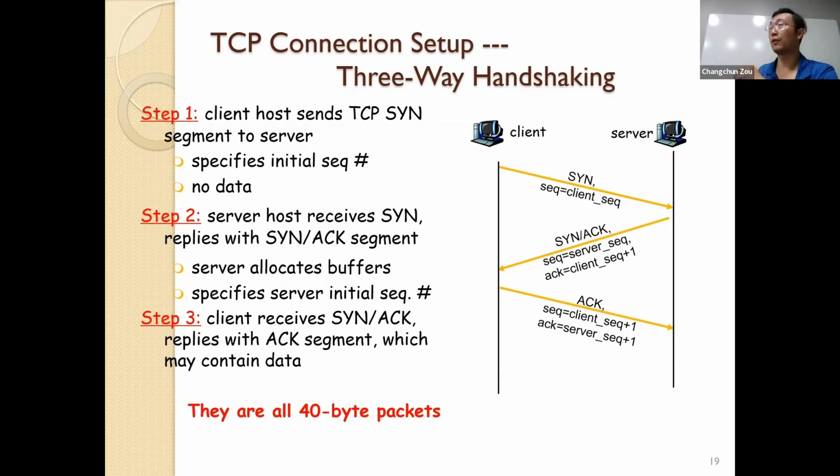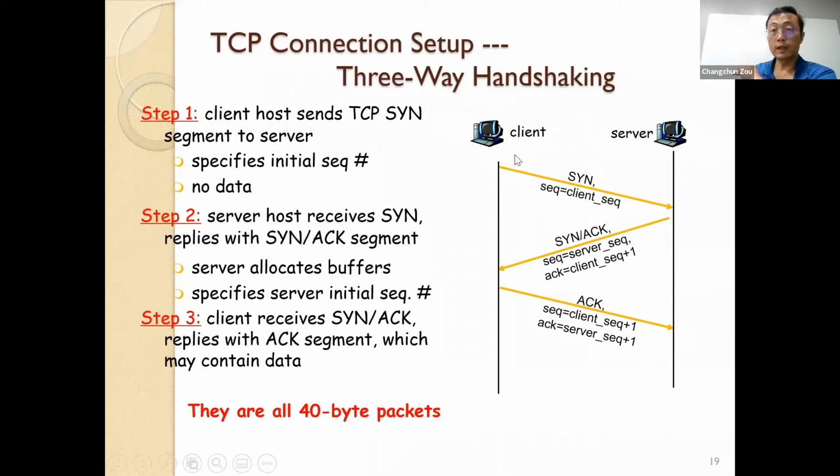Another is for security reasons. If you choose a random starting point, then an attacker doesn't know how much data you have sent to the other side, or what's the current sequence number or acknowledge number for your communication. So it's harder for an attacker to intercept your TCP communication.